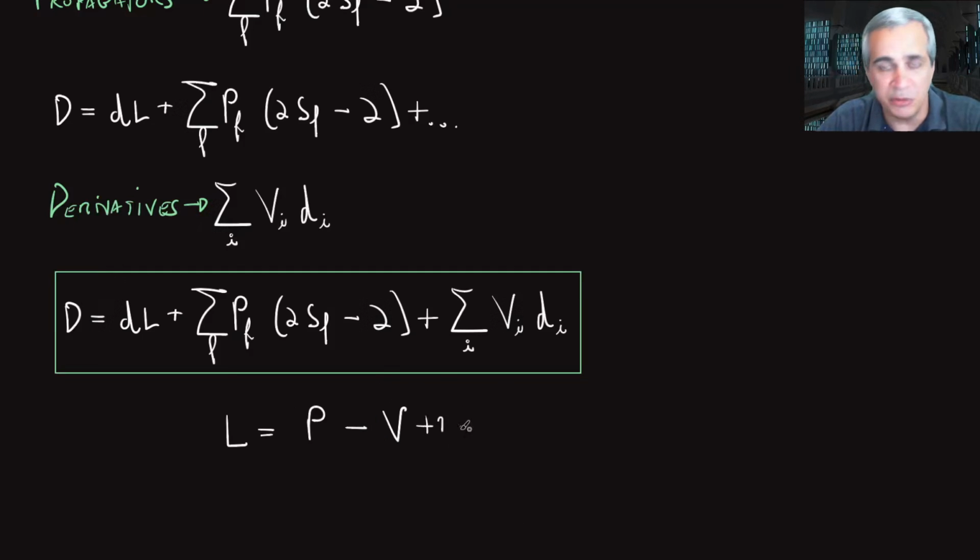Now that's still true, right? That's still true. With the caveat that here I have many different kinds of propagators, so I have to exchange these. Let me bring this one to the front here, right? And I have to sum propagators that now can be of field type f over all the field types, right? So I'm summing the total number of propagators. And the same is true for vertices, right?